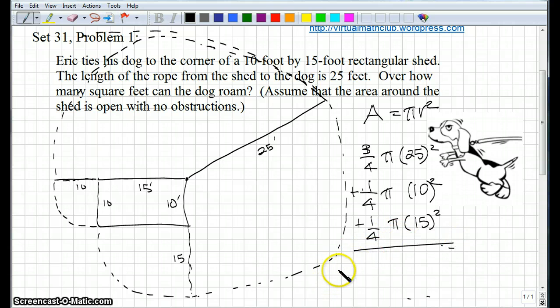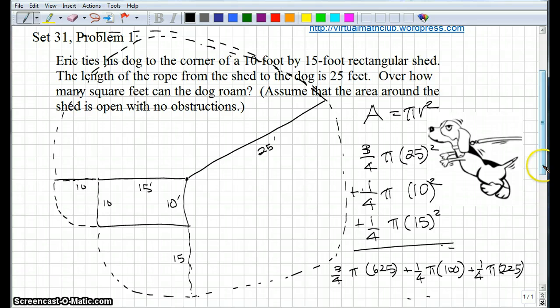All right, so if we add all that up, let's do that. We have 3/4 pi times 625, that's 25 squared, plus 1/4 pi times 100, plus 1/4 pi times 225.